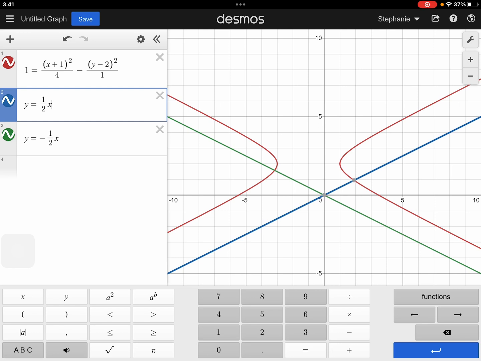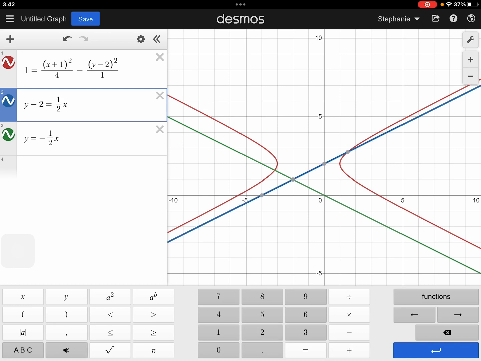since this wasn't centered at 0, 0, that means my y would be y minus k. Y minus our k was, what was our center? Our center was -1, 2, so our k was 2, so y minus 2. And our x would be plus 2, right? Or plus 1, my bad.